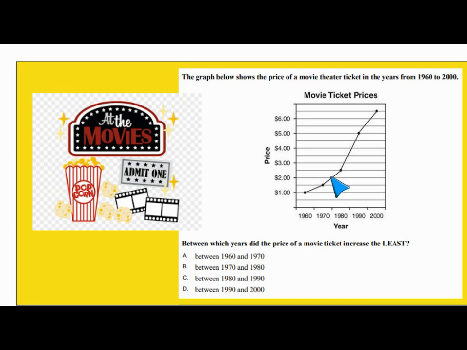From 1980 to 1990, that ticket jumps from $2.50 to $5. That is a steep increase. So that is a $2.50 increase. And from $5 to $6.50, a $1.50 increase. So we were right. I was right. The least increase was between 1960 and 1970.